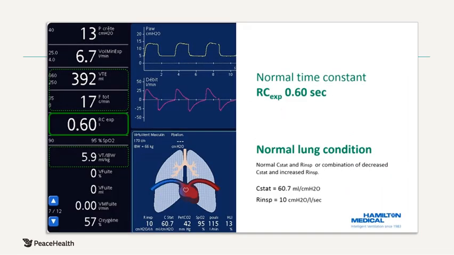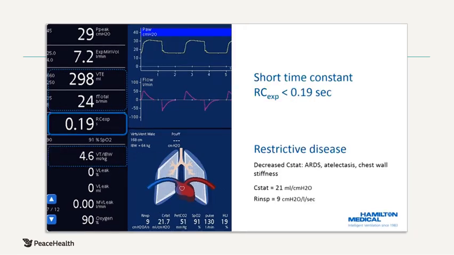Here, we show the monitoring of the ventilator demonstrating a patient with an RC-exp in the normal range and the corresponding rate and mL per kilogram value for tidal volume. In this patient, the monitoring of the ventilator demonstrates an RC-exp in the short range, indicative of a restrictive patient, and the corresponding rate and mL per kilogram value for tidal volume.